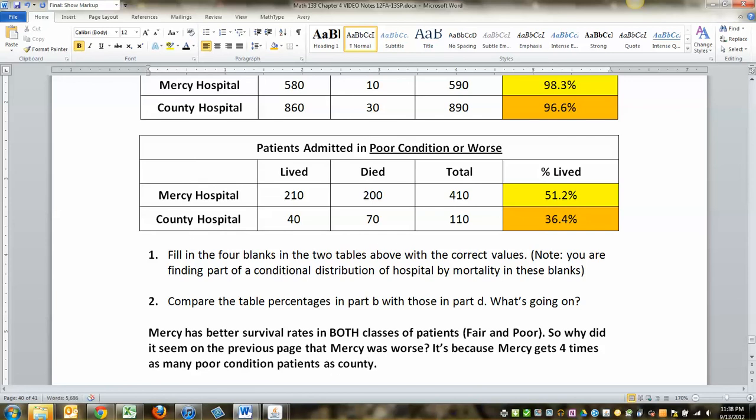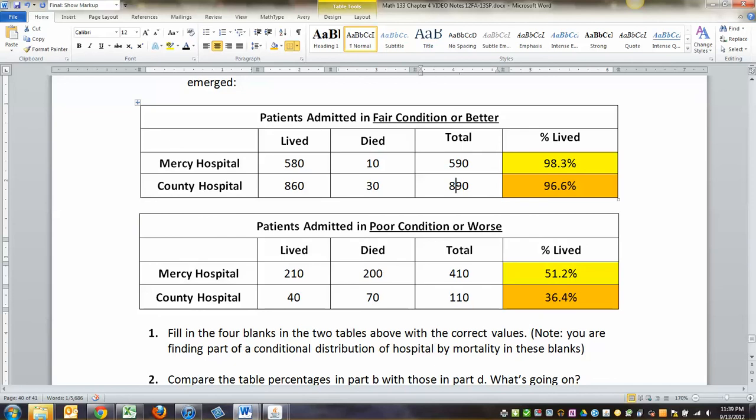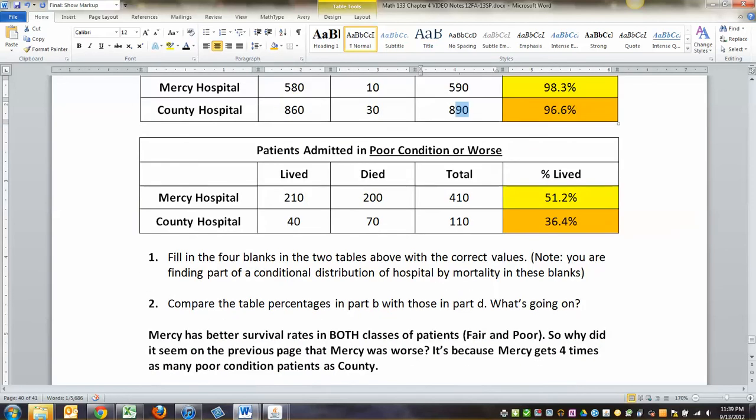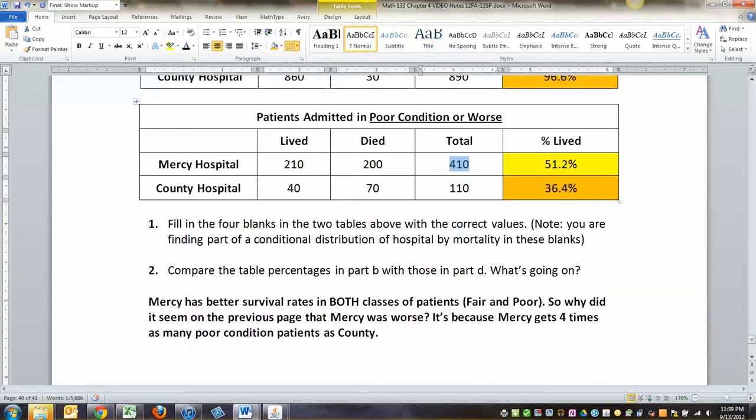So look what's happening. County gets 890 fair condition patients. So naturally they're going to seem better because they're only getting the good patients, right? They don't get a lot of the really bad off patients, right? So they get to say, oh, we're doing so well, but that's because they're only getting the well patients to begin with. Mercy, on the other hand, gets a whole bunch of terrible patients in bad condition and does pretty well with them, right? Mercy gets 4 times as many poor condition patients as County.